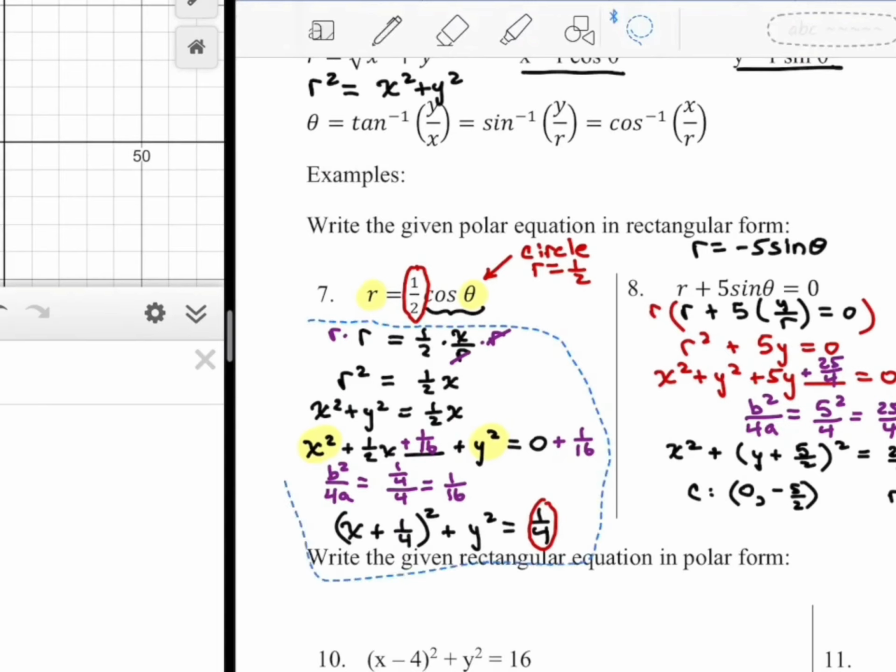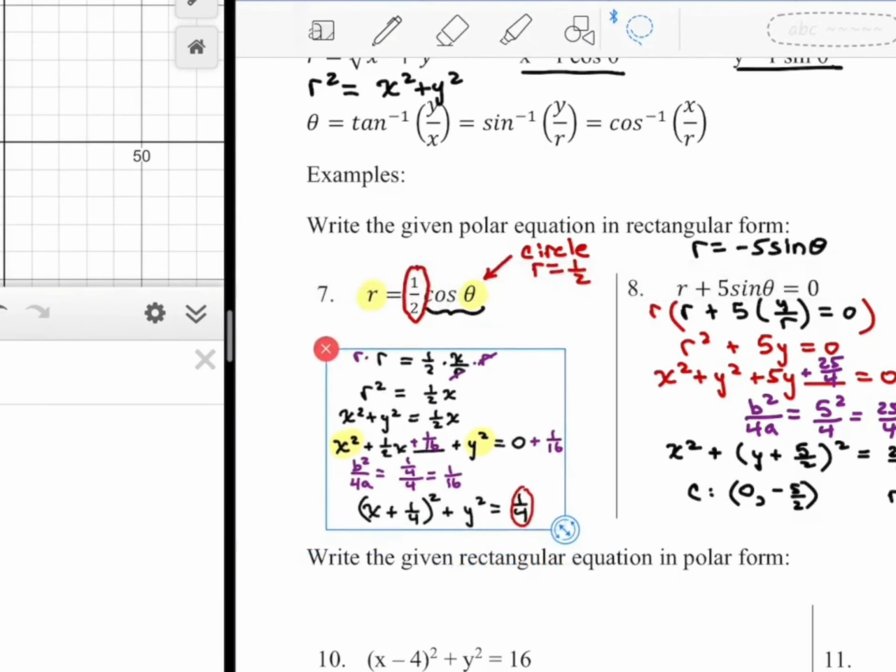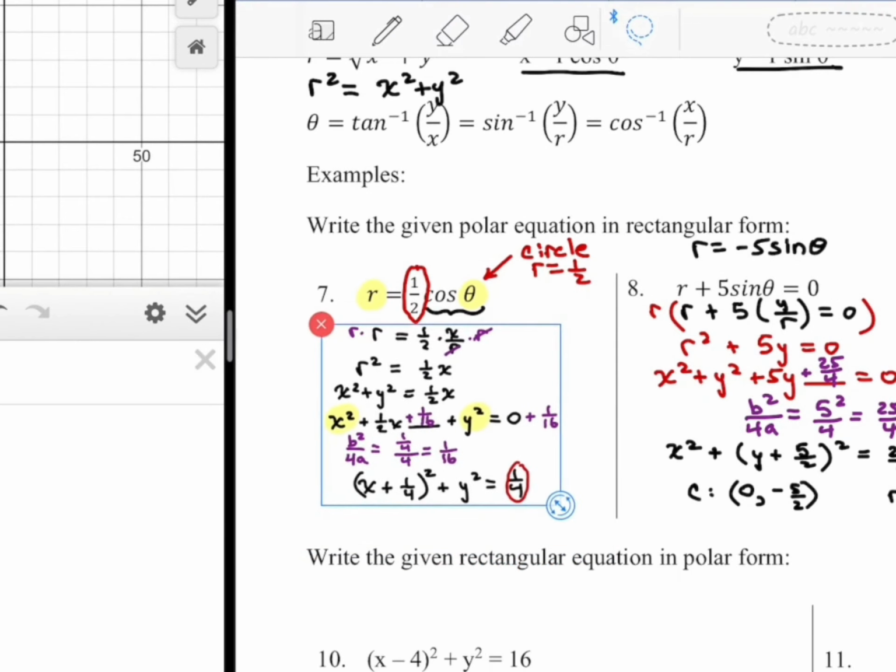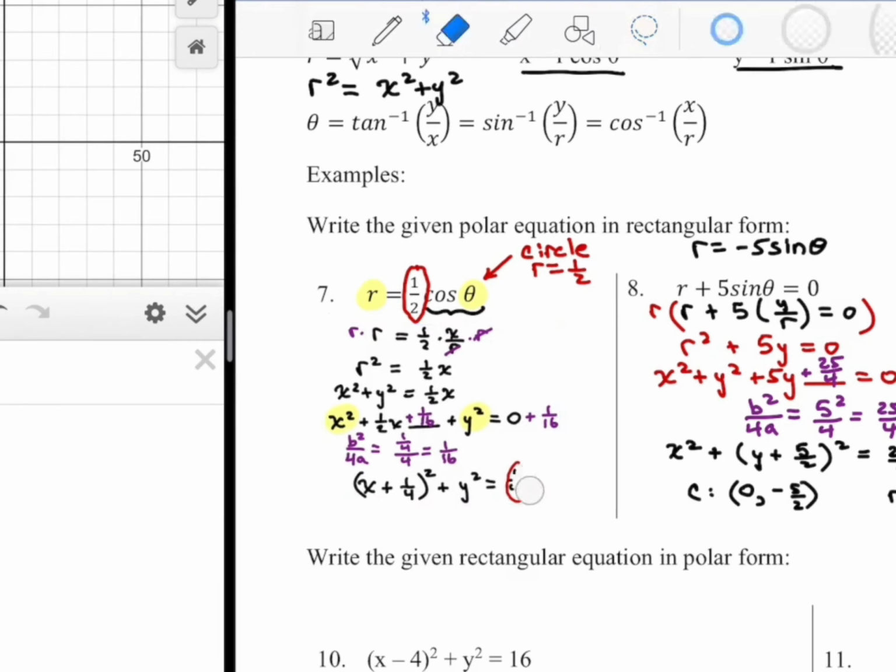All right. But specifically, and I'll shrink this down a little bit so you can see. And actually, it's really weird. I must be off my game. I did the same thing over here. This should be a 1/16.